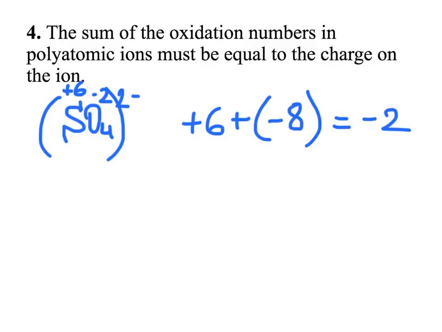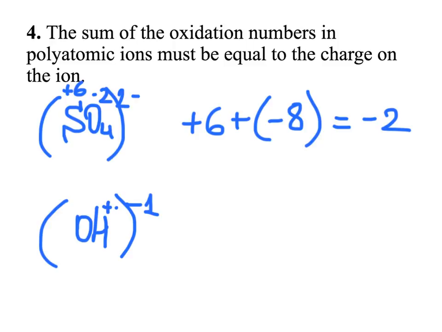Or let's look at the hydroxide ion. The charge of hydroxide ion is minus 1. This is the charge that carries the entire structure of the hydroxide ion. Now, our task is to figure out oxidation numbers on the species within this ion. And we have hydrogen here, which is beautiful because we always know the charge of the hydrogen.